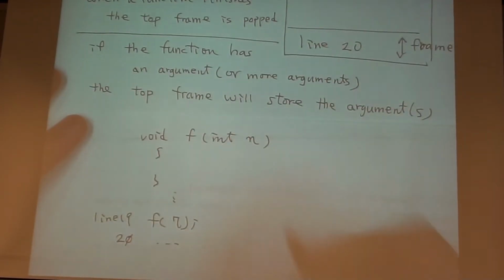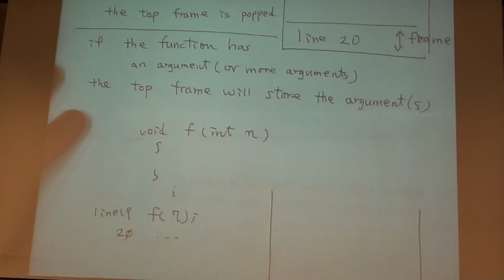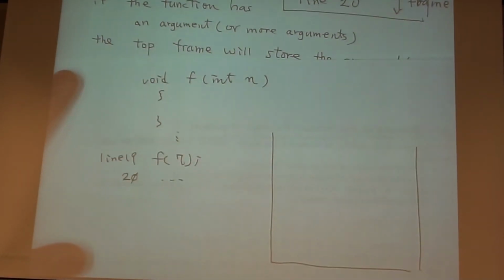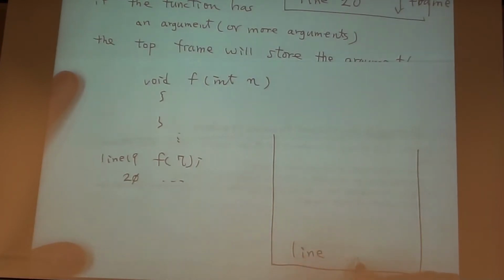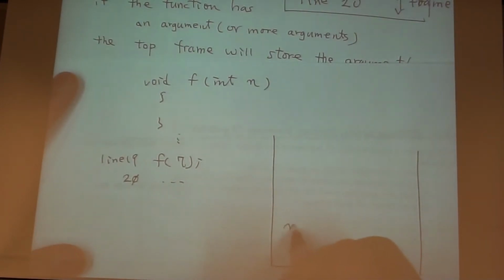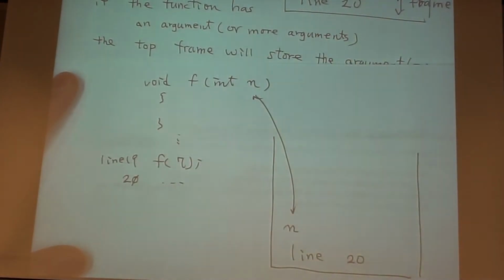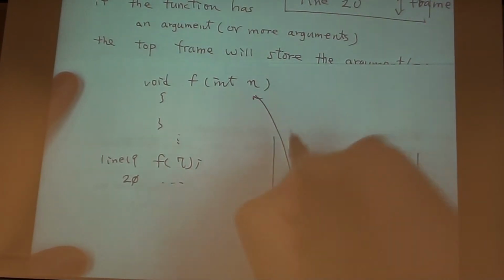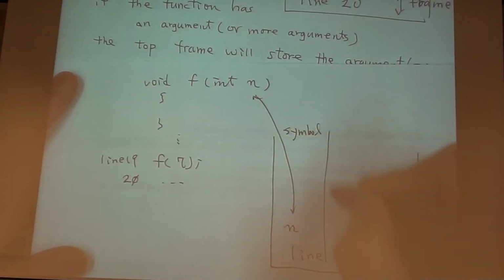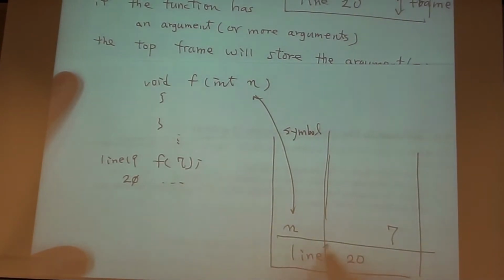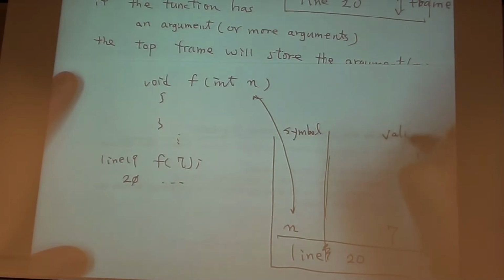In the call stack, I will put line 20, and I have a symbol n corresponding to this n, and then I have a variable 7. This will be the symbol. I only draw to here. This will be the variable.